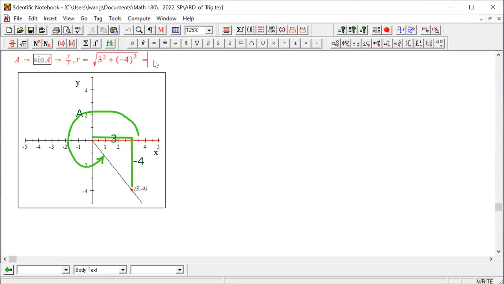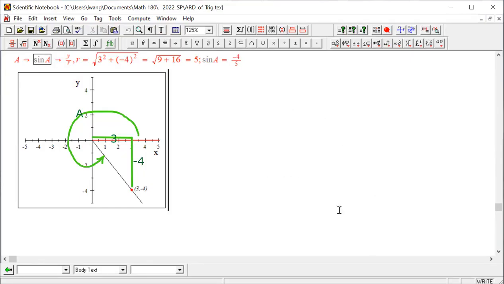Once again, 9 plus 16 equals the square root of 25. Square root of 25 is 5 again. So now we can calculate sine of this angle A, which equals y over r. Y is -4, and r is 5.